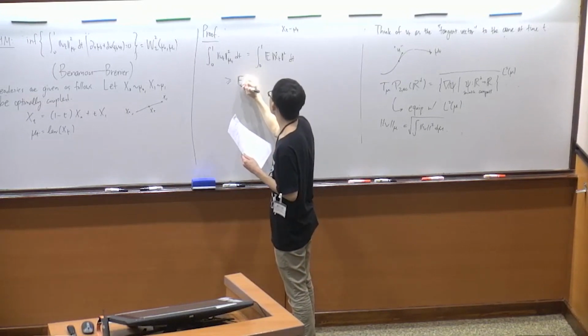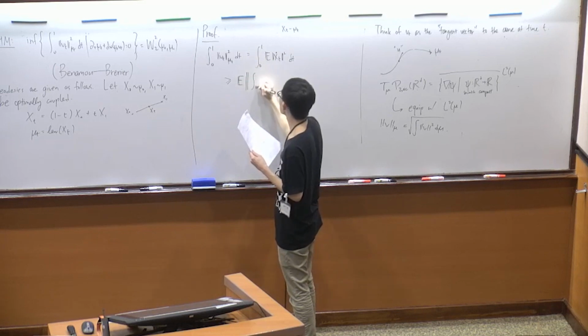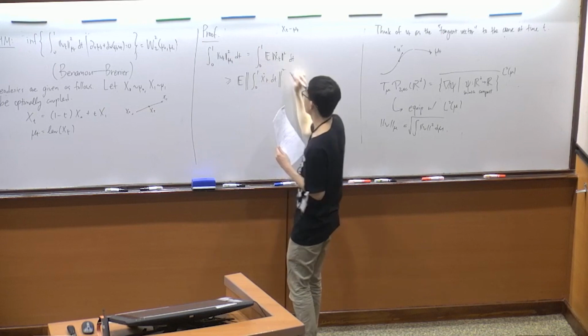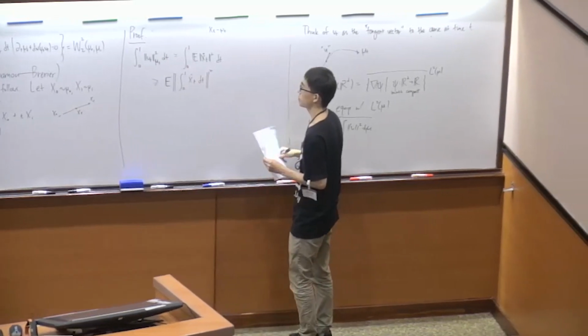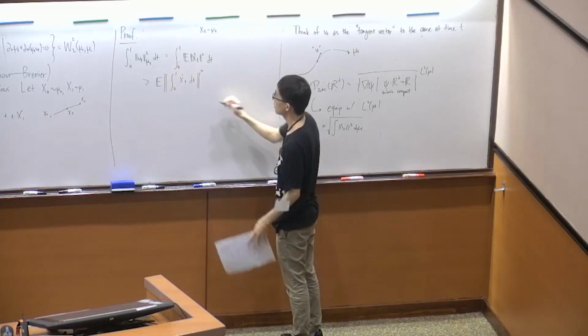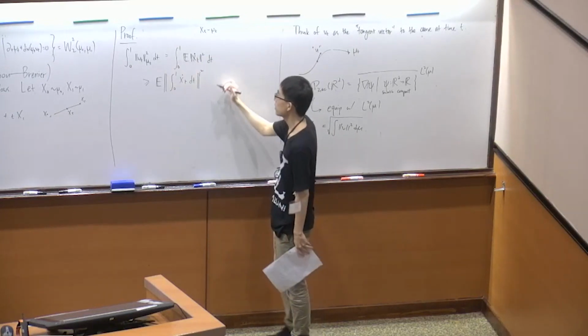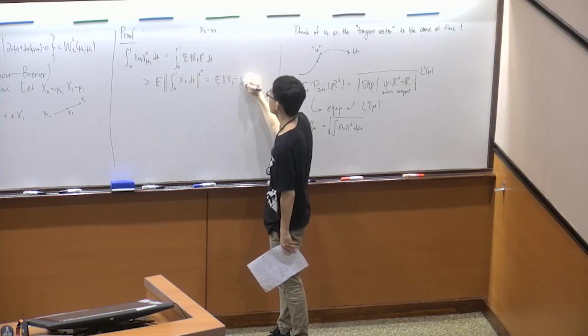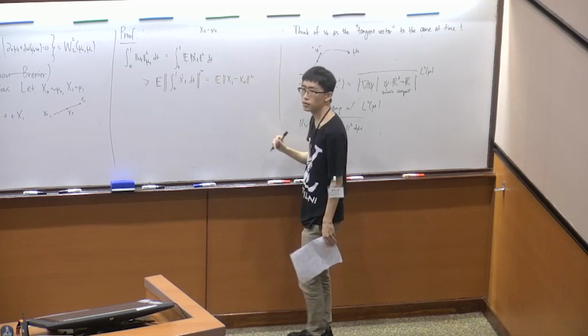Expectation of the norm of the integral. Okay, this is a lower bound by bringing the norm outside, but the integral of xt dot, by the fundamental theorem of calculus, is just x1 minus x0.